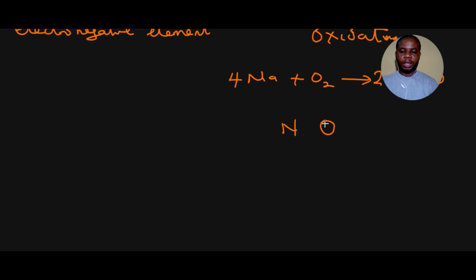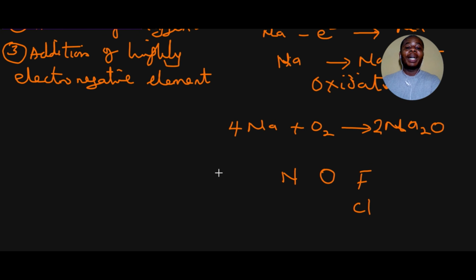Nitrogen, oxygen, fluorine, chlorine. These elements are highly electronegative. So if you add any of these to what you have, we call it oxidation. So oxidation takes place when you add highly electronegative elements.